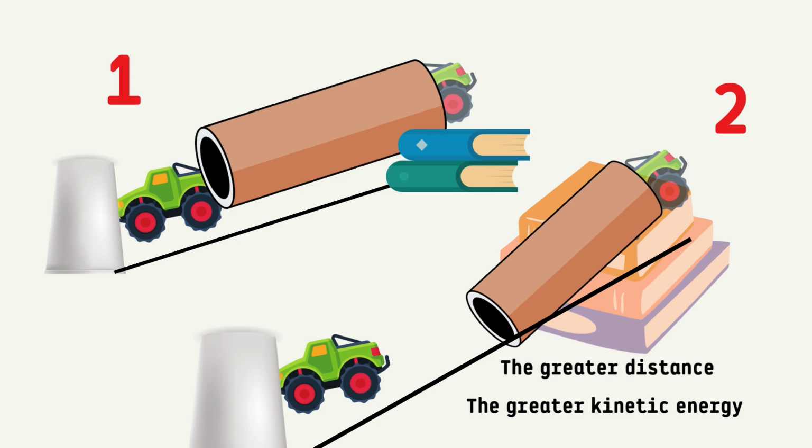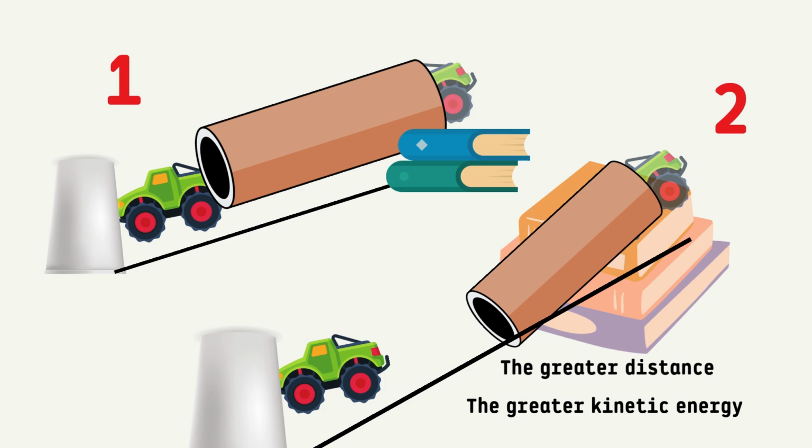Because when the car moves inside the cardboard and hits the paper cup, it makes it move, as the kinetic energy transfers from the toy car to the paper cup. So the distance that the paper cup moves will be an indication of the kinetic energy. Okay, as we will see now.